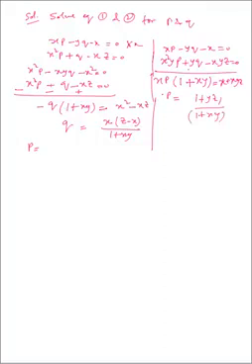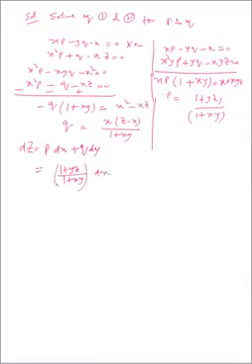Now we put in dz equal to p dx plus q dy. So we have values of p and q. We put in this. We cross multiply.